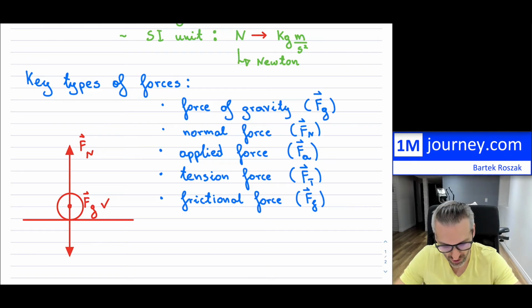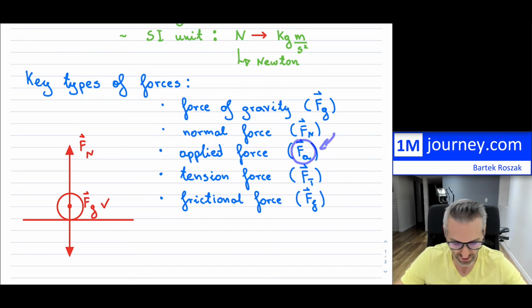Very often you might see them abbreviated in textbooks with a little a, but to be honest, you can drop all the subscripts so long as you know that those forces are applied. So that's an applied force, some kind of a push or a pull that you, or something else, maybe a robot, is applying.